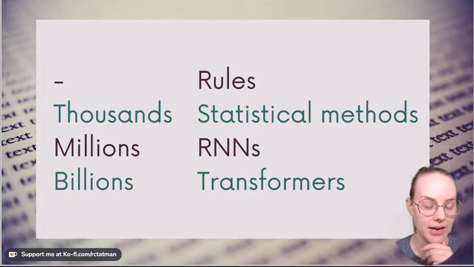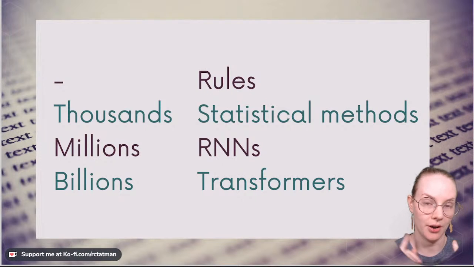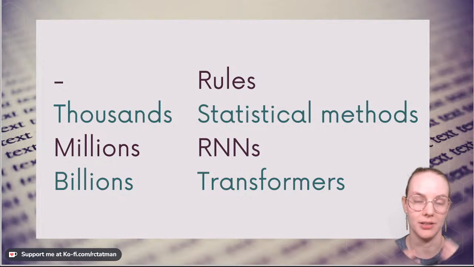And the amount of training data that you need in order to take a general purpose model and make it work for your specific purpose is going to depend on the size of that model. The bigger the model, the more training data. And also how close the original training data was to your target training data, right?